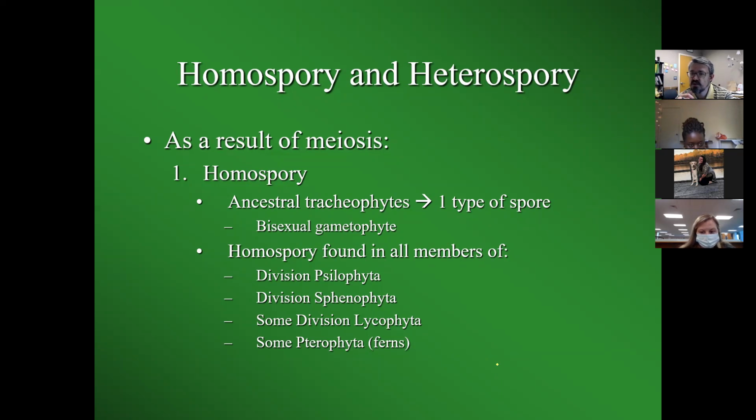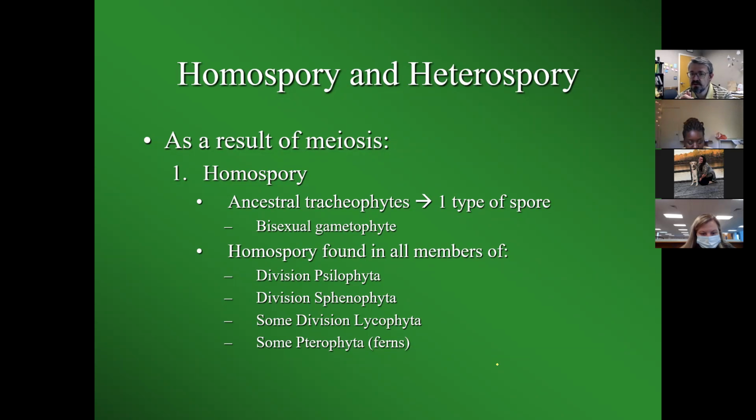We see this in ancestral tracheophytes. They make one type of spore, and the gametophyte that develops from that spore is bisexual. Okay, it's able to produce gametangia that make either male or female gametes. Homospory is found in all members of Xylophyta, which we're going to see, Sphenophyta, some Lycophyta, and some Pterophyta.